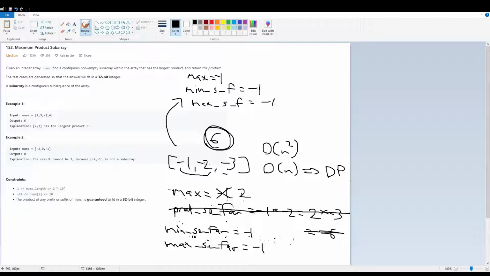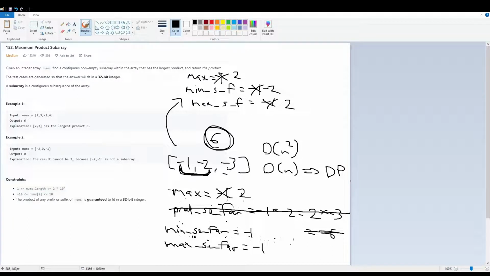And -1 times -2 would be 2. So within the range of -1 and -2 here, max so far would now be 2. And min so far would now be -2. Within this range, -2 is the smallest we've seen so far. And now max would obviously be 2.